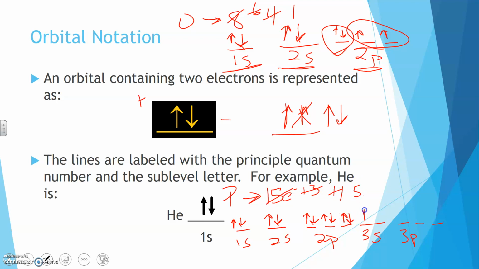Now 2 more will go into the 3s. We're down to 3. And again, you only do up arrows going across. And then if we had any more electrons, we'd go back in and add them as down arrows. But we have used up all of our electrons. So this is the orbital notation for phosphorus. And again, you just go straight across.